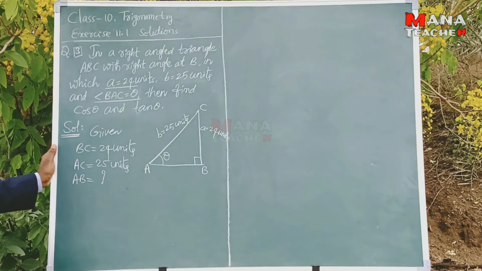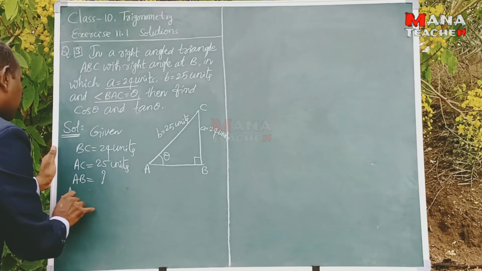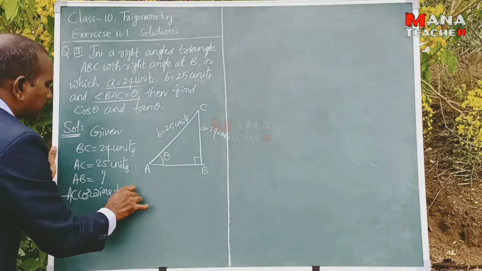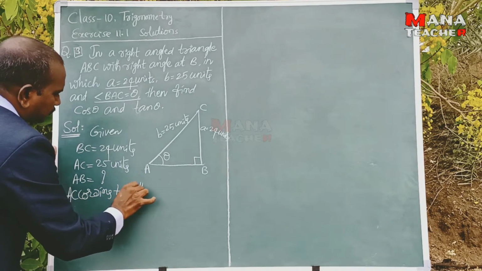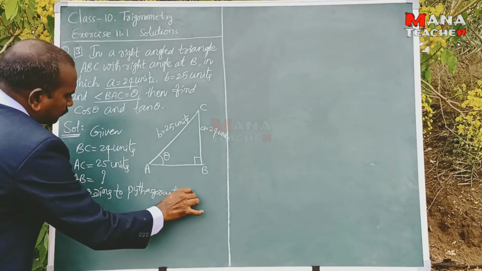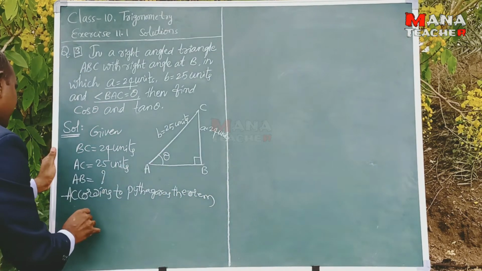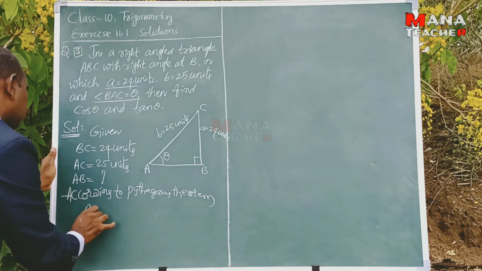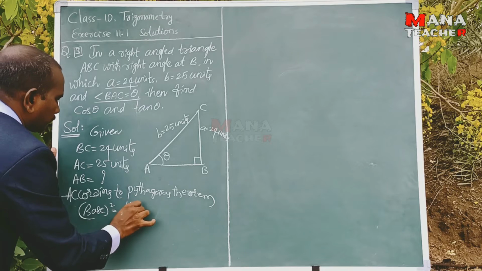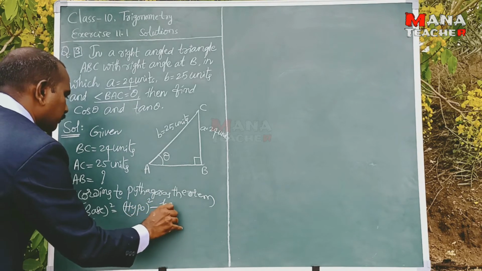First we have to find AB. According to the Pythagoras theorem, base square equals hypotenuse square minus height square.